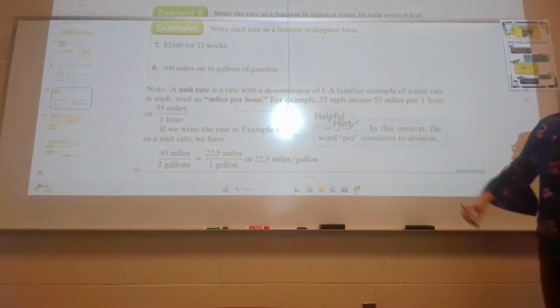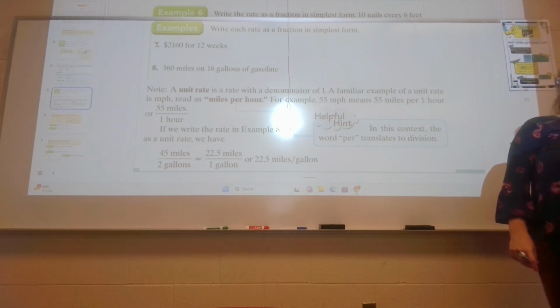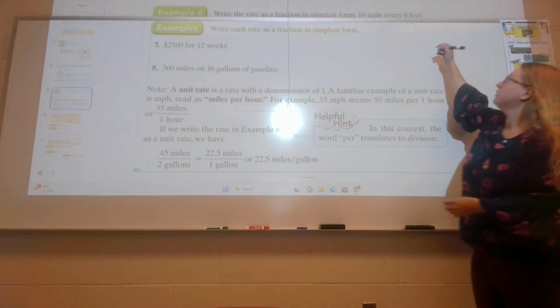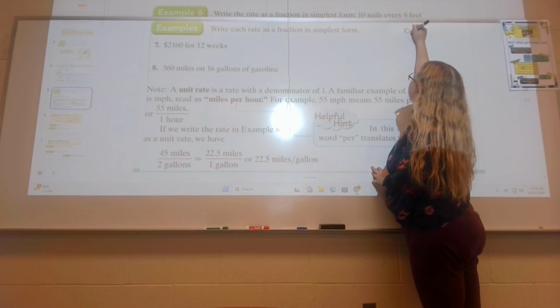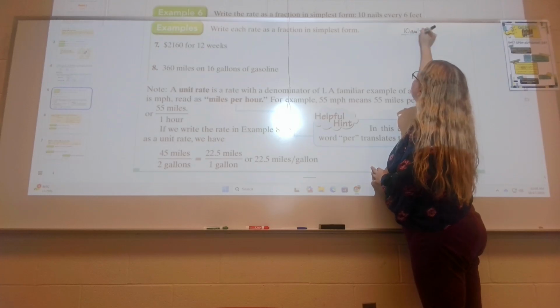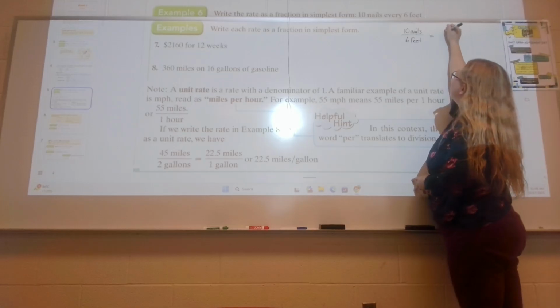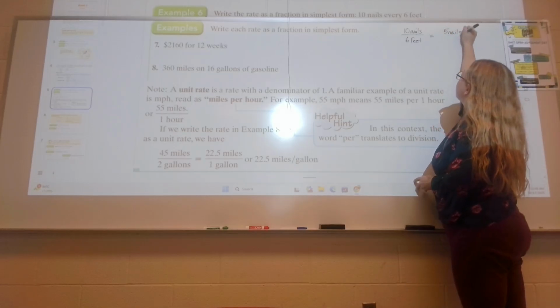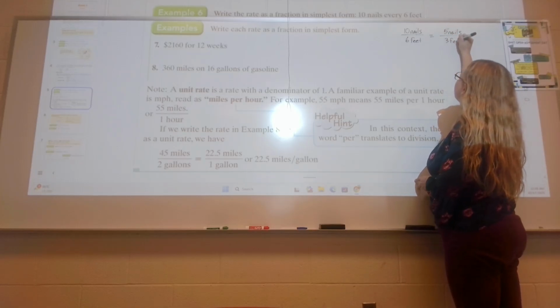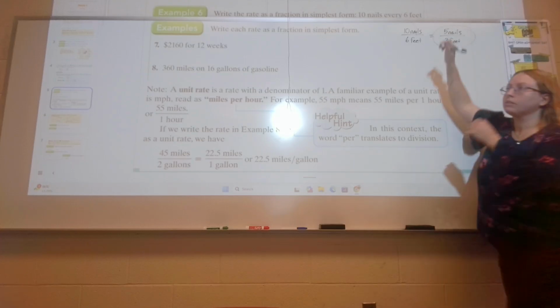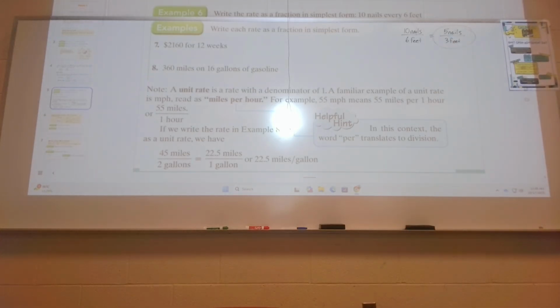If you've got that one, feel free to jump all the way down through example 8. Got the first one up there as an example. You can do 7 and 8.